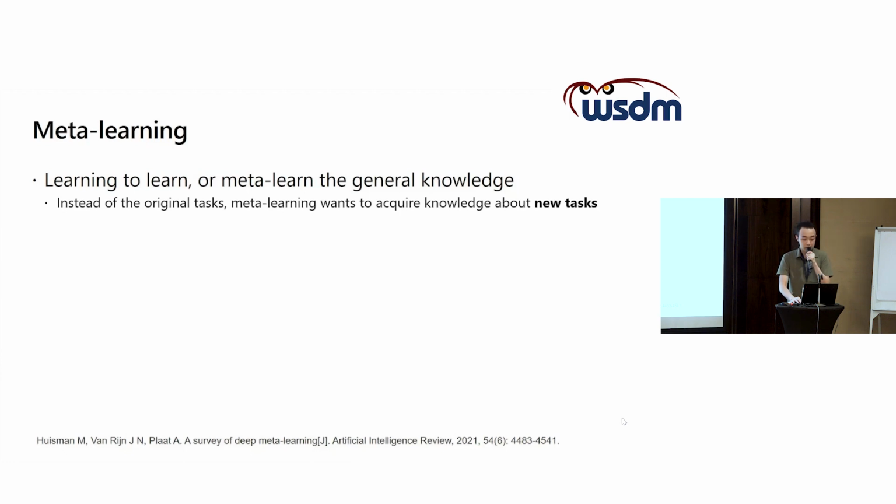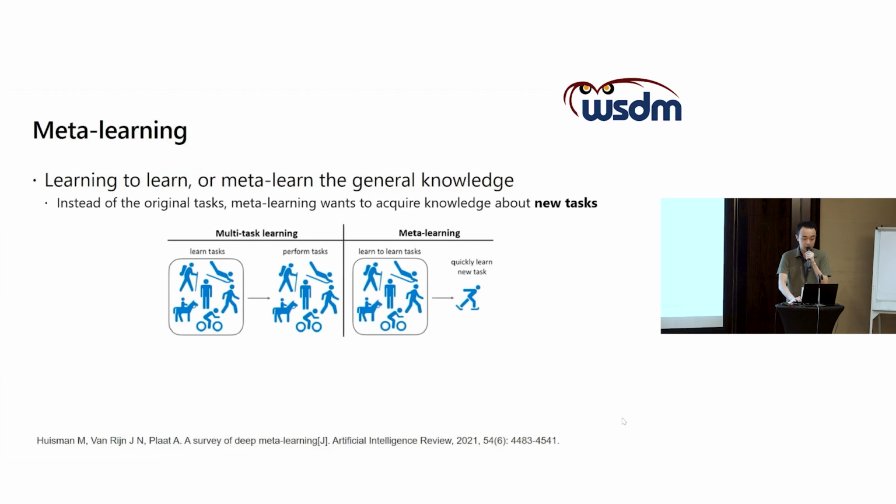Instead of the original task, we want to acquire knowledge from the old task which can be generalized to a new task. So here is how meta-learning and multiple task learning can be linked.